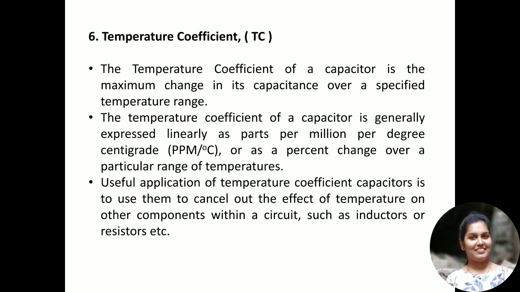Okay, so the temperature coefficient is either indicated as ppm per degree centigrade, or as a percentage change over a particular range of temperature. Some capacitors are non-linear and increase their value as the temperature rises. A temperature coefficient that is generally expressed as positive.